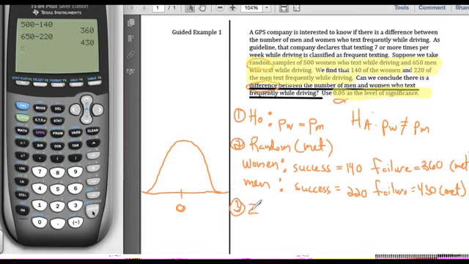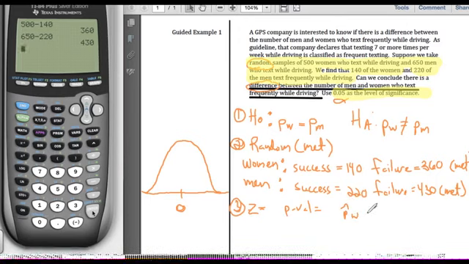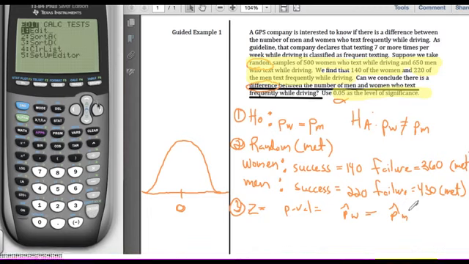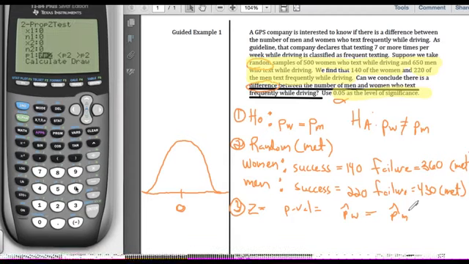For my third step, I need to find my z-score, my p-value, and I'm going to get 2 sample proportions, one for the women and one for the men. To do this, I go to Stat, Tests, and it's number 6, the two-proportion hypothesis test.